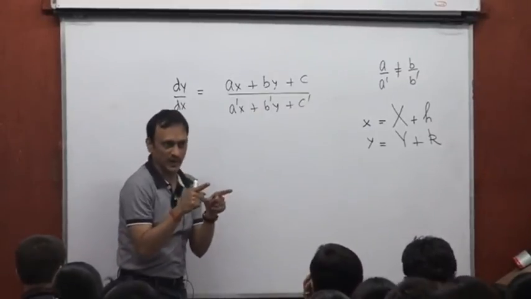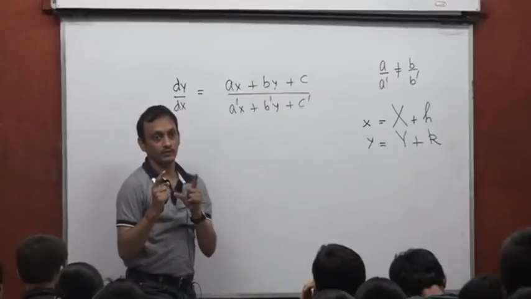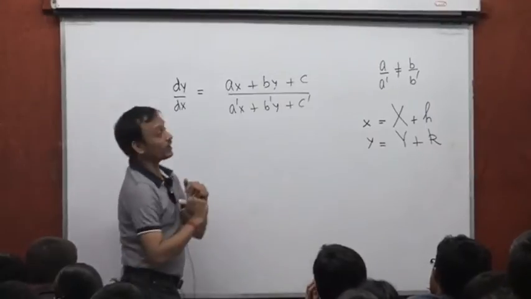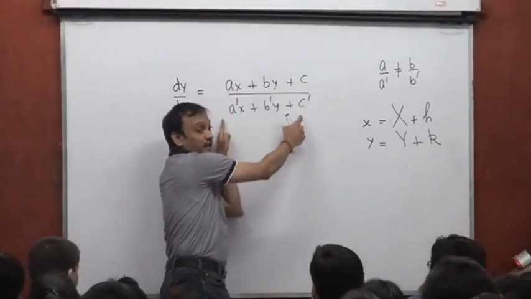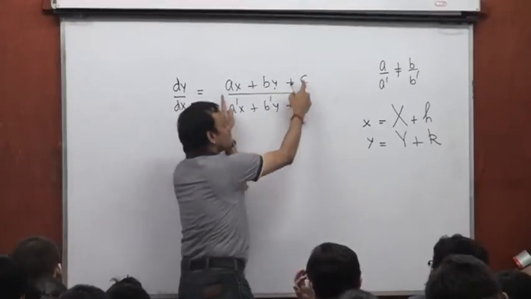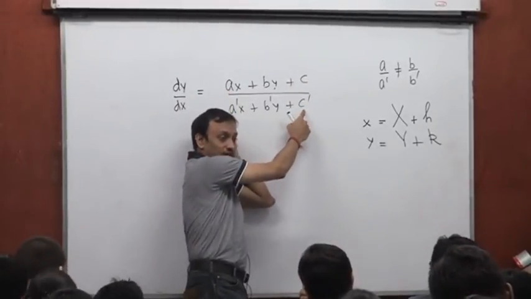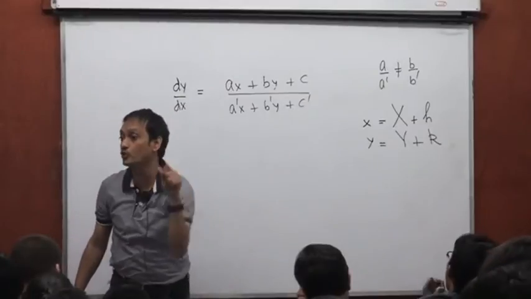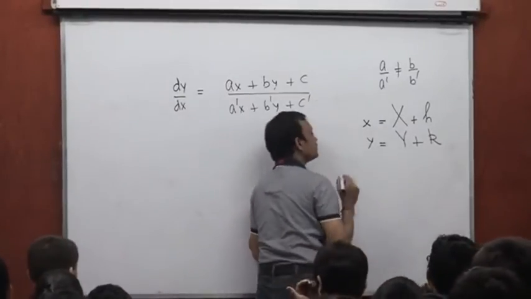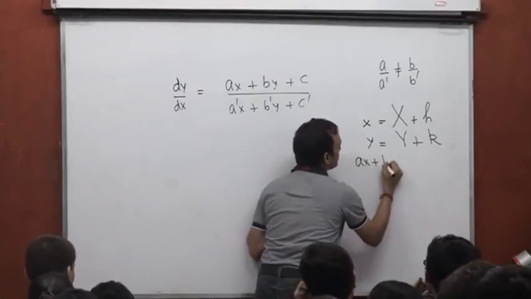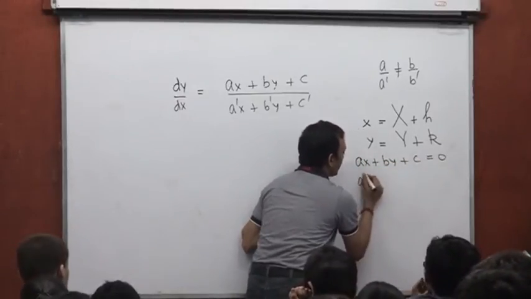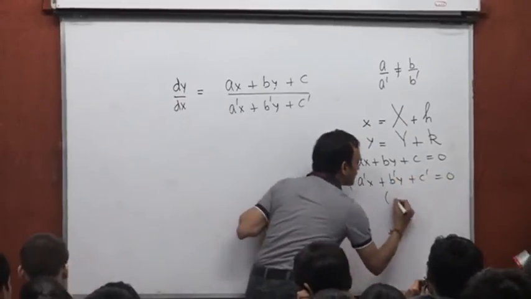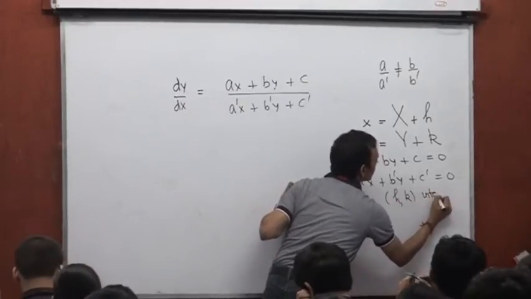We move from the small xy axis to the capital XY, where I define hk as the intersection point of these two lines. ax plus by plus c equal to 0 would be a line, a prime x plus b prime y plus c prime equal to 0 would be another line, and I say that hk is the point of intersection.